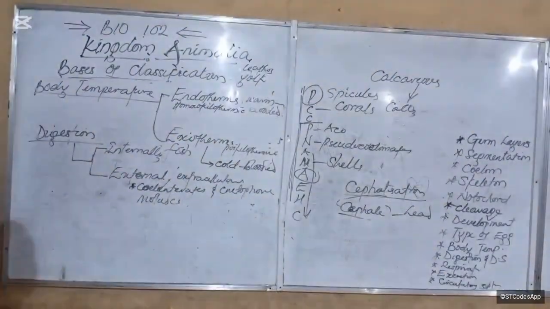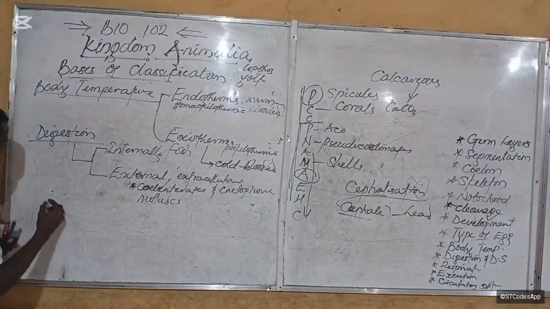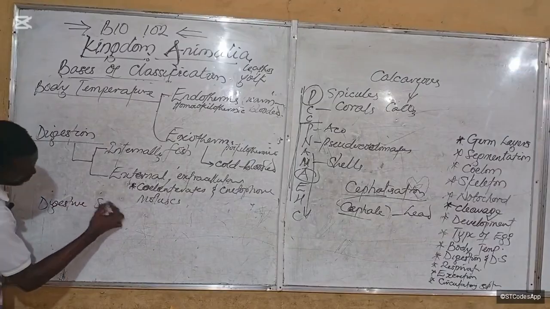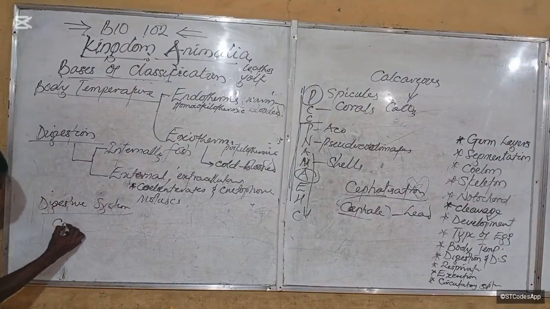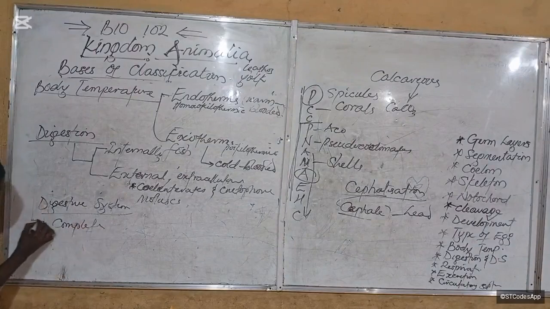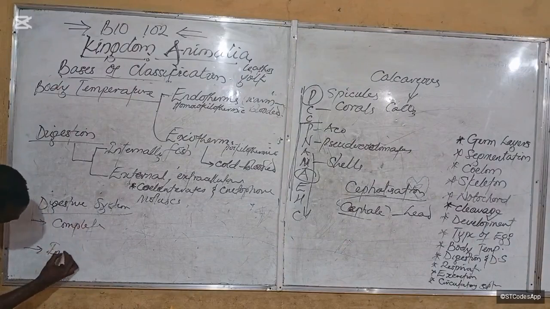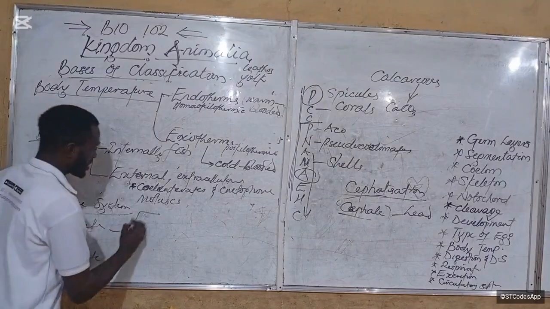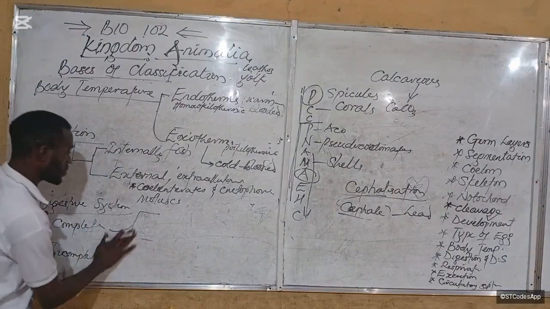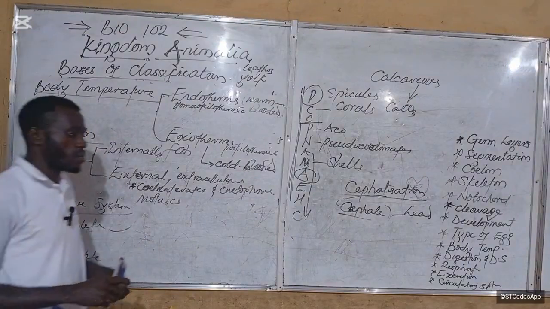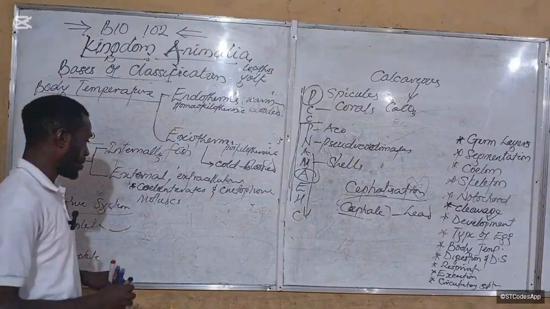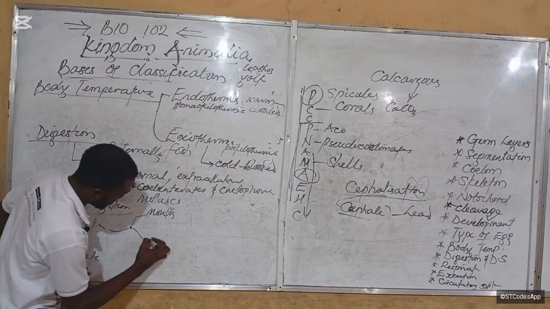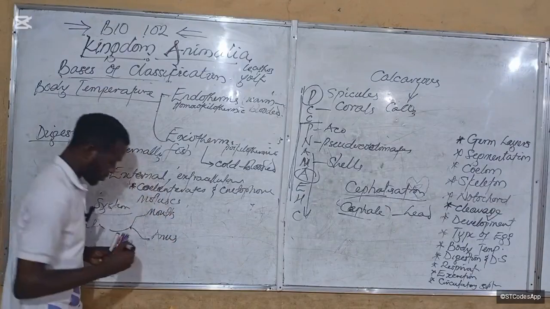Now the type of digestive system we have: complete and incomplete digestive system. In the complete digestive system, we have a mouth and an anus.